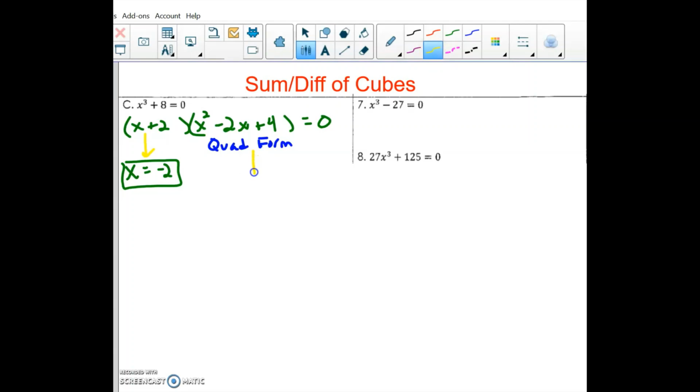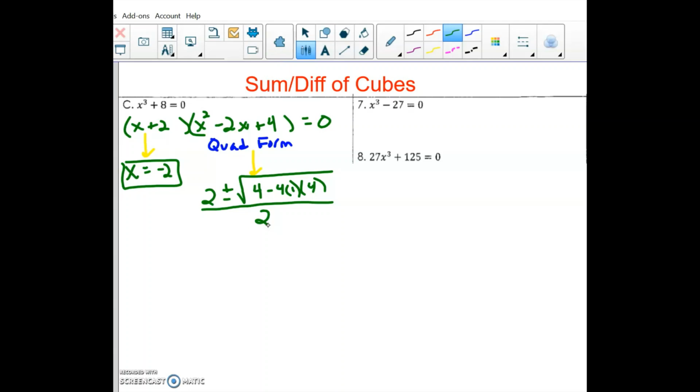So we use the quadratic formula, which is 2 plus or minus the square root of b squared, which is negative 2 squared, which is 4, minus 4 times a, which is 1, times c, which is 4, all divided by 2 times a, which is 2. Now all we have to do is simplify this.